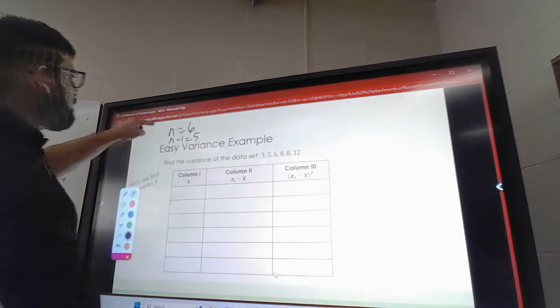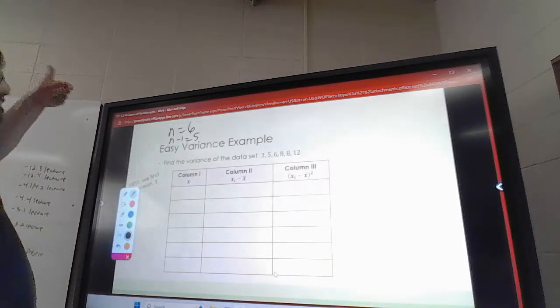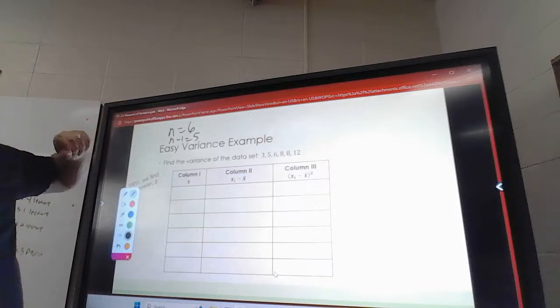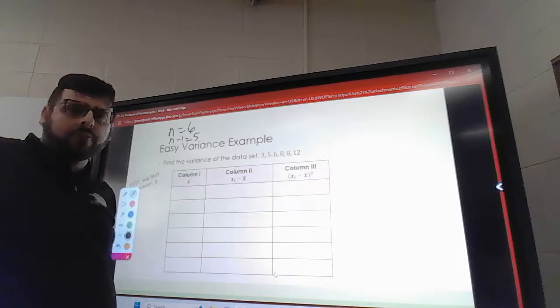But when I'm looking for the average, I'm going to divide by 6. Okay? So try to remember this. When you take the average at the beginning, you divide by n. But when you take the variance at the end, you divide by n minus 1.